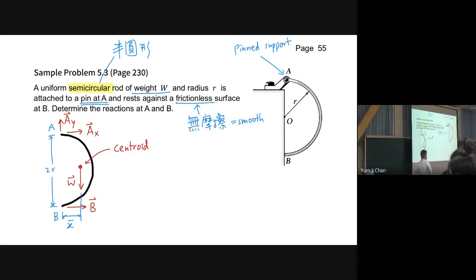The external forces acting on the rod act on point A, point B, and somewhere here. Therefore, all forces act on three points of the body, so it is a three-force body.